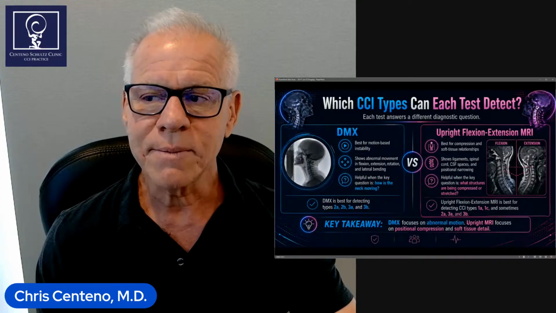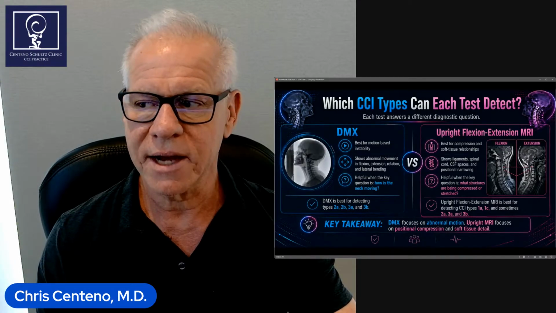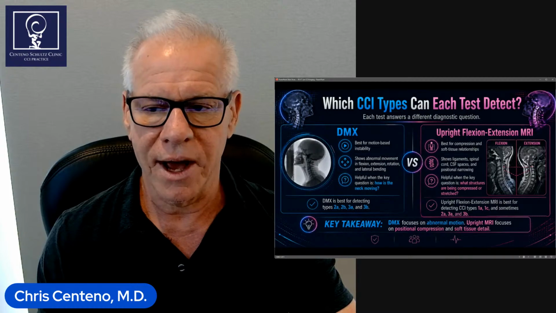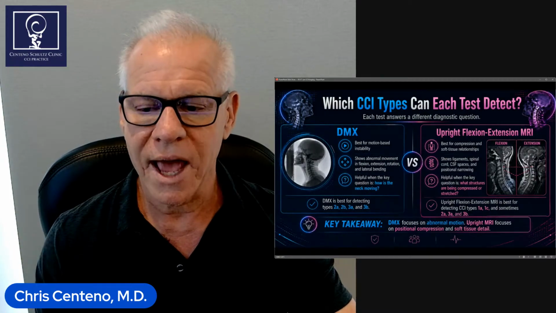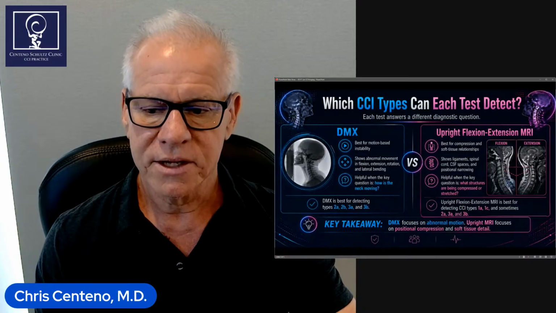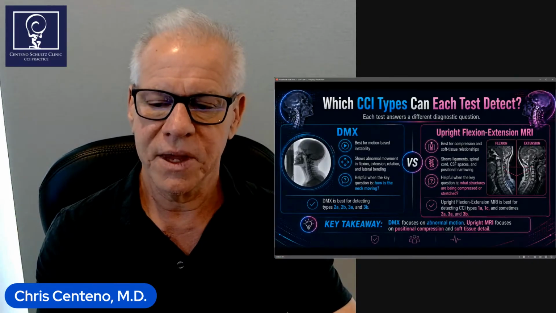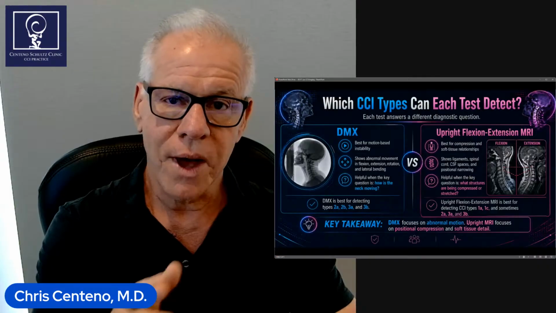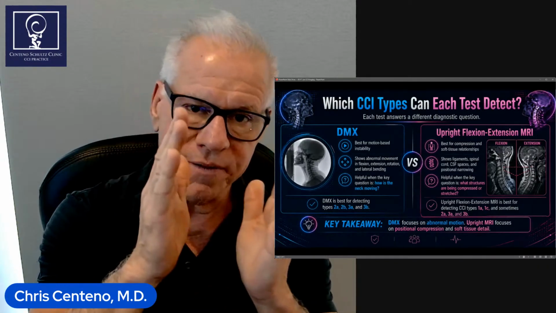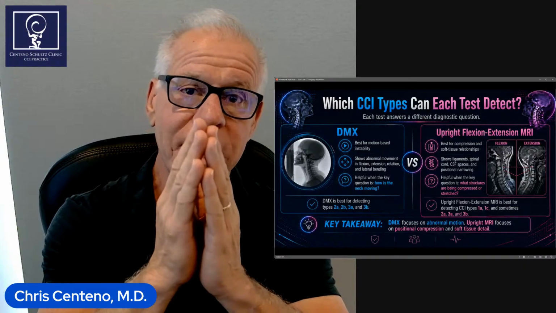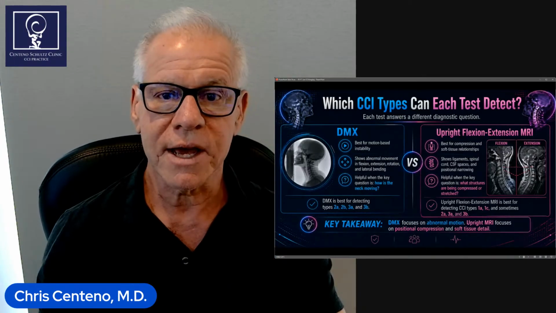So what types of CCI can each test detect? I'm going over DMX and upright flexion extension MRI. DMX is best for types 2A, 2B, 3A, 3B. So for type 2A, that's when you're going in flexion and you're seeing opening of the atlantodental interspace between the dens and the atlas due to a loose transverse ligament.